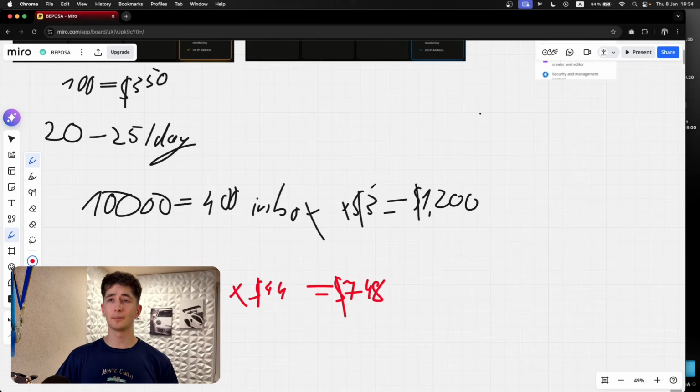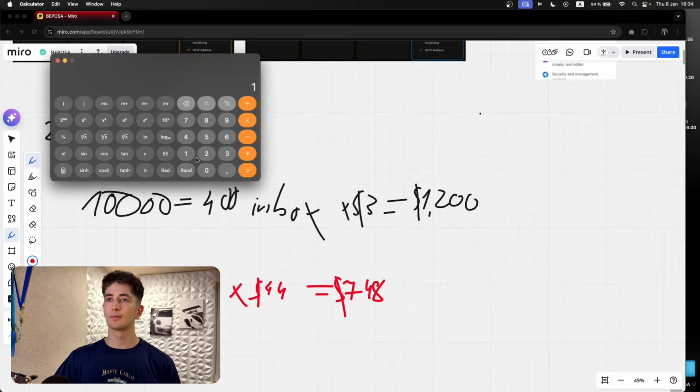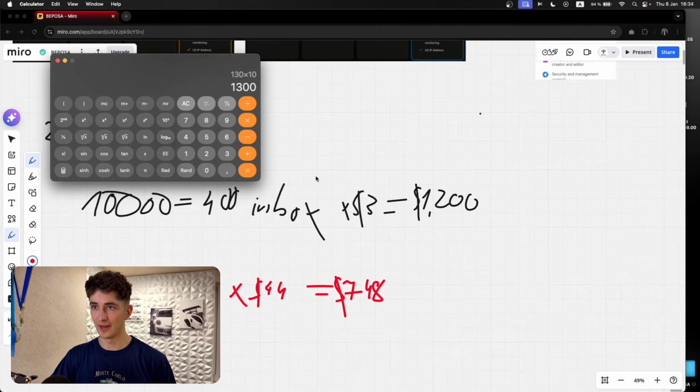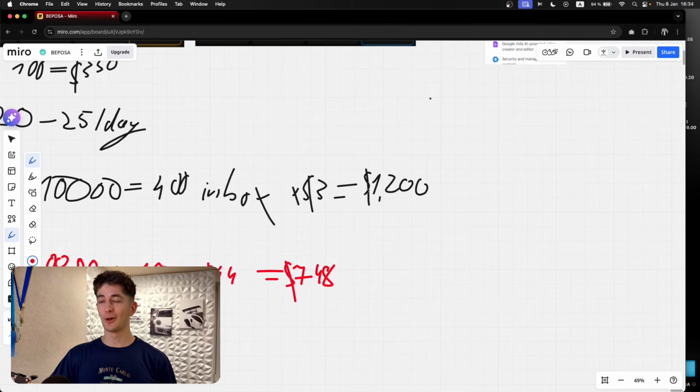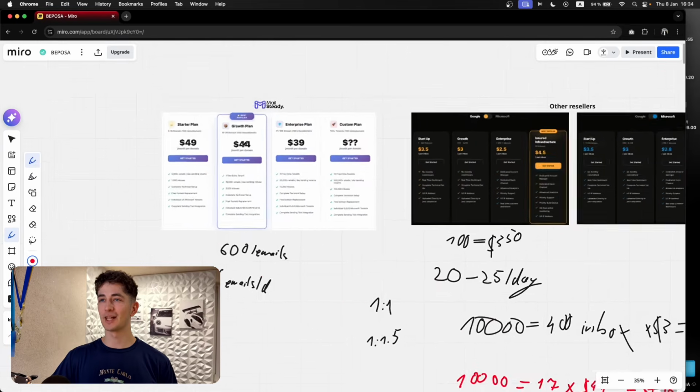If you're just buying .com domains, let's say each costs around $10, 130 times 10 is another $1,000 just on domains. So you're saving almost $2,000 just by using Mailsteady.